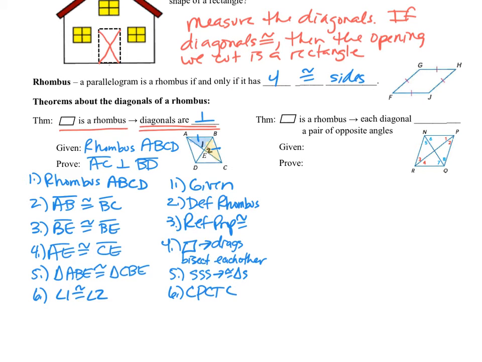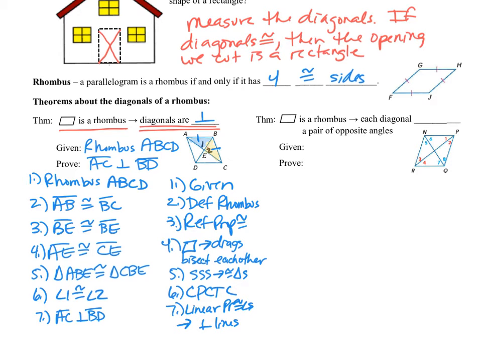So in step 7 then, we can say that segment AC is perpendicular to segment BD, okay? And the reason is a theorem we haven't seen in a while, but it says when we have a linear pair of congruent angles, that implies that we have perpendicular lines.